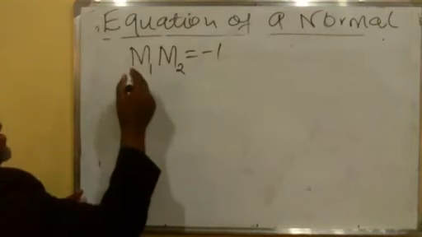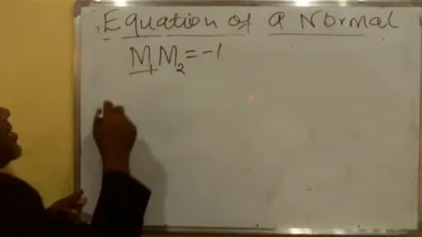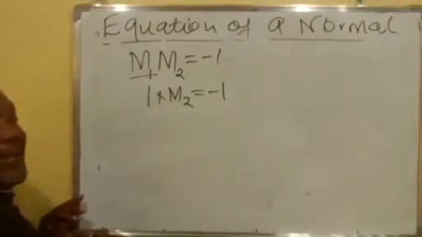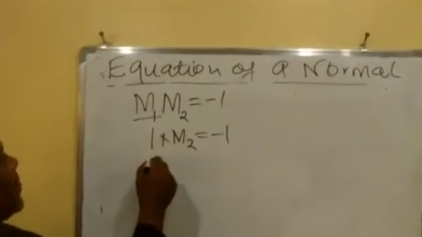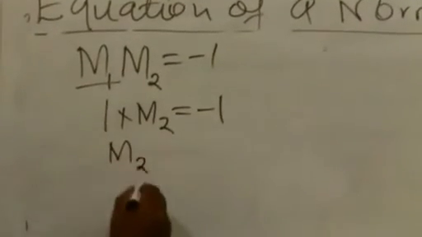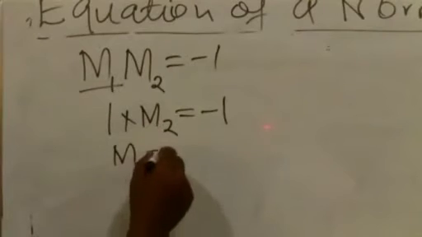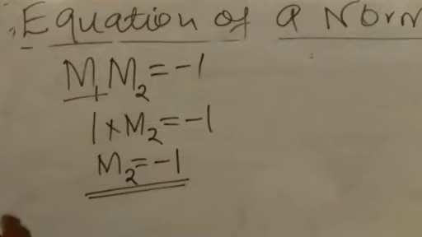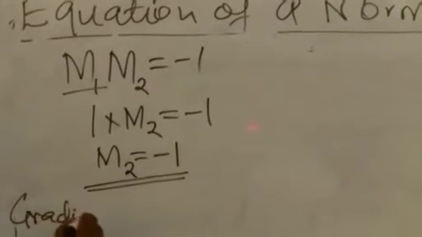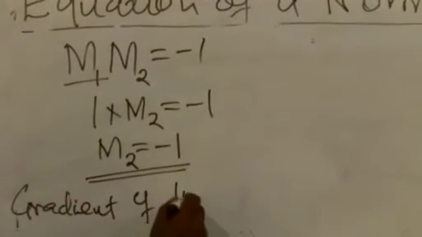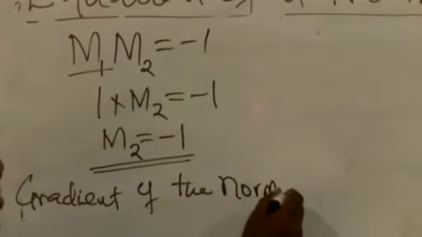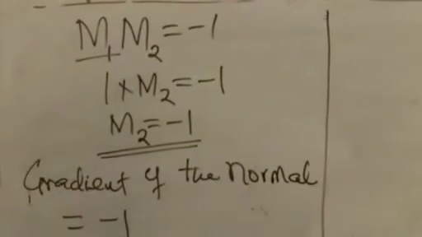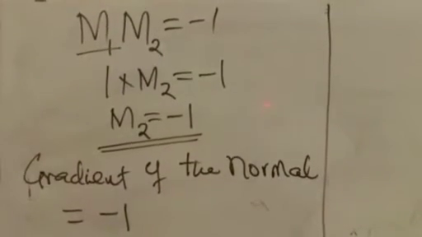We have the gradient of the tangent being 1, times m2 should give us -1. So m2 equals -1. The gradient of the normal equals -1.